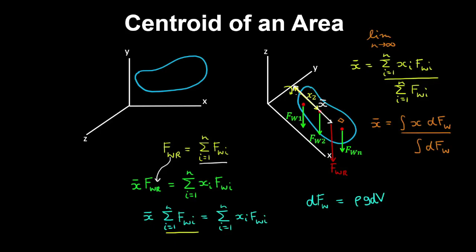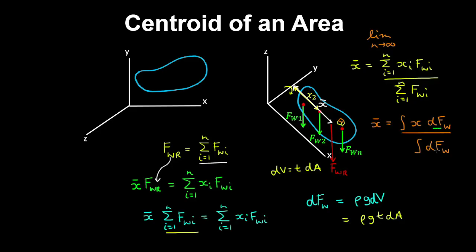And because we're trying to find the centroid of an area, we can take this body as having a uniform thickness or a unit thickness. So therefore the differential volume element, having a uniform thickness, can be written as the thickness out of the plane by dA, being the differential area. And if you substitute this for dV, we obtain ρg by the thickness by dA.